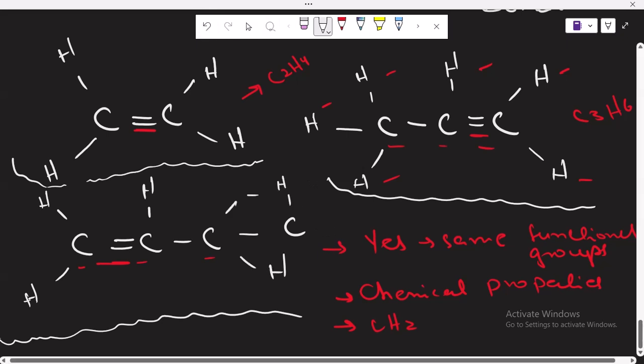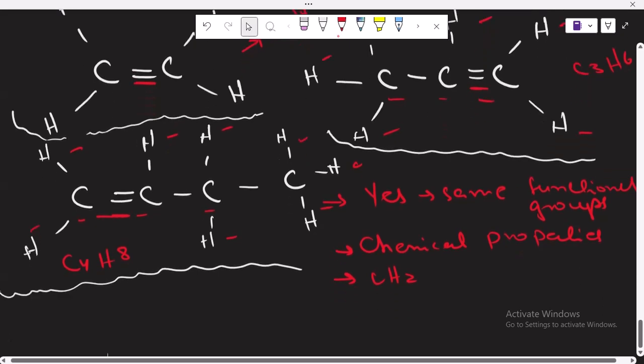So this is 1, this is 2, and this is 3. And let me remove these. So these 3 carbons here, and then we have 1 and 2, then 1 here and 2 here. Okay, this is perfect. Now, can we count the carbons? Yes, C4 is 4 carbons. That's 1, 2, 3, 4, 5, 6, 7, and 8 hydrogens.